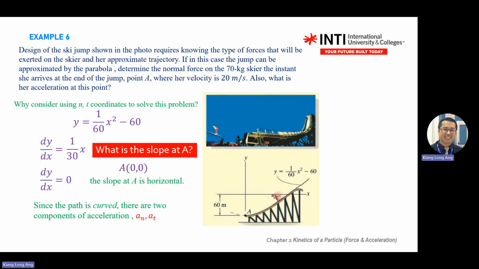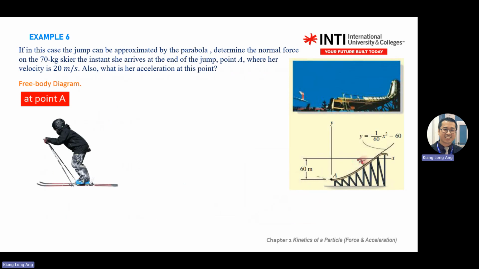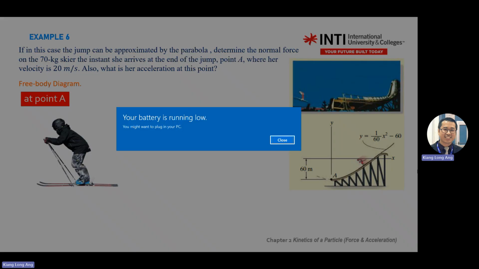All right. The next step is to convert your question into normal and tangent direction. You draw a free body diagram. For engine dynamics, you are not required to draw the object in great detail. If you're not good at drawing, you can draw something like that, or like that.